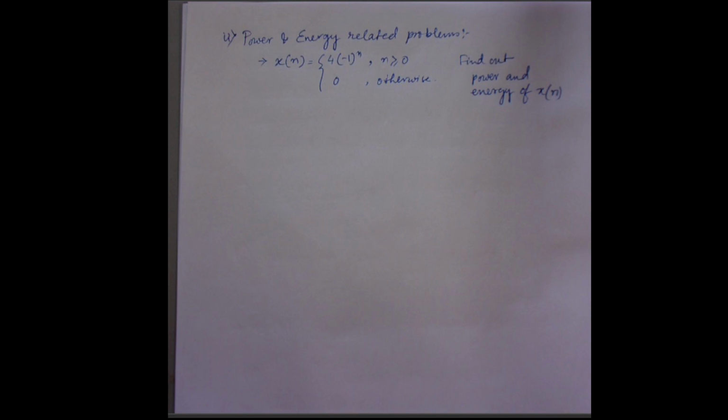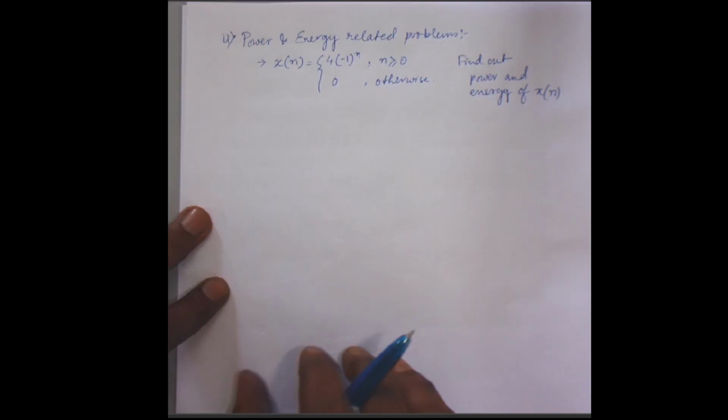So now what you will do in this type of question? So first you have to remember how to calculate the energy of a signal as well as the power of a signal.